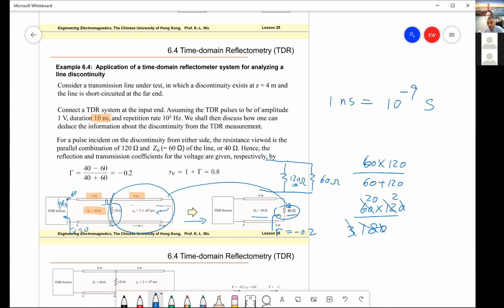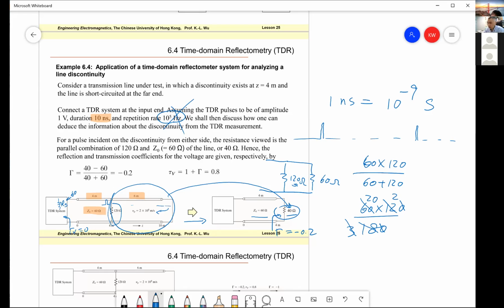If its repeat frequency is very low compared to this, that means the pulse I propelled is like this. So I really don't need to worry about this. This tells you this is far away.